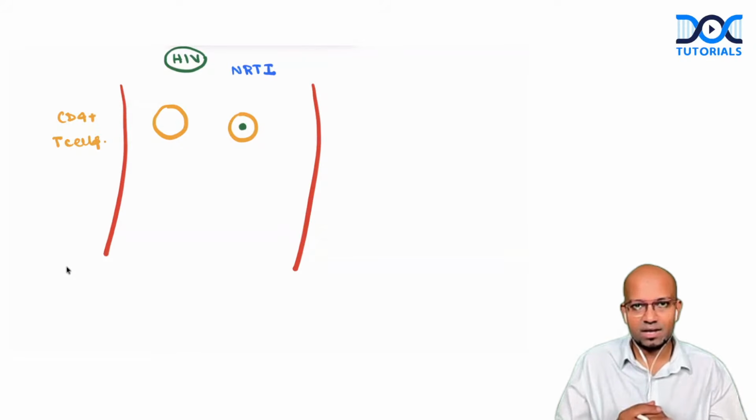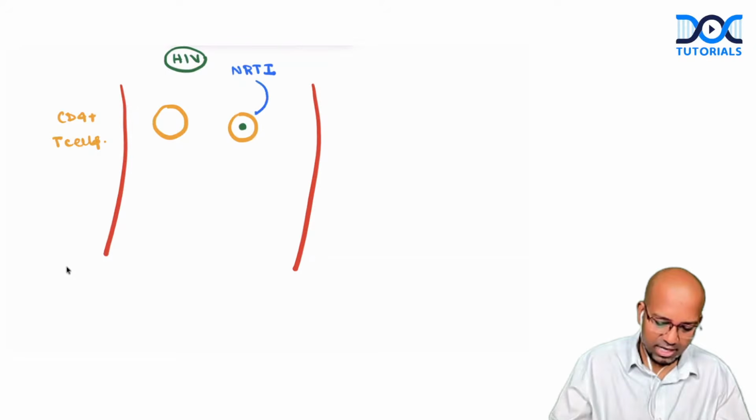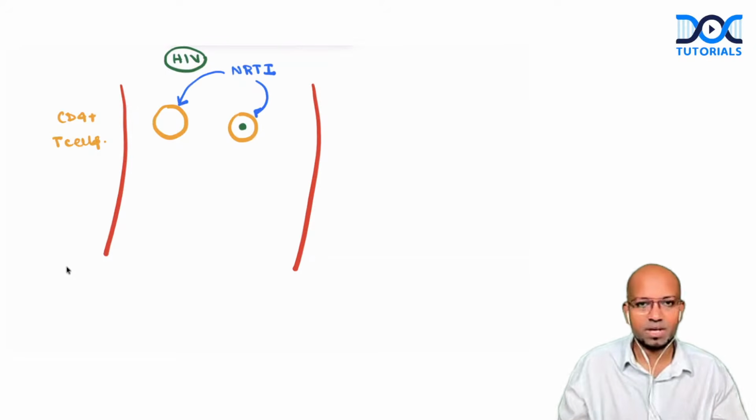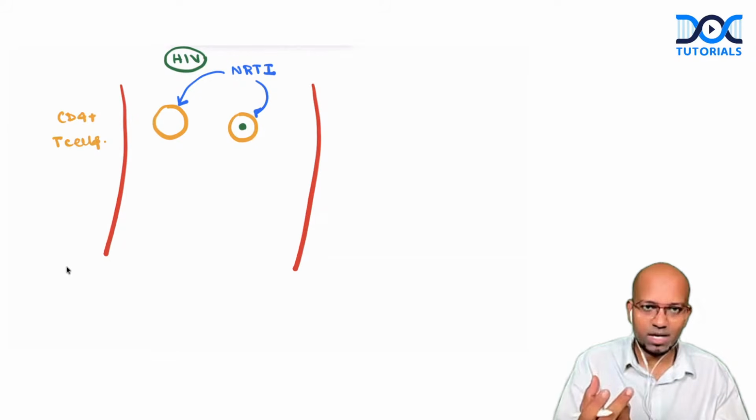This NRTI, to make sure that it is producing its action only inside a cell which is infected with HIV. How do we make sure that this NRTI gains entry into this cell, and also into this cell? Are you there with me? So this NRTI can gain entry into both of these cells: the first cell infected with HIV, the other cell not infected with HIV.